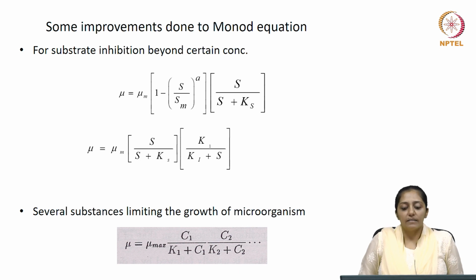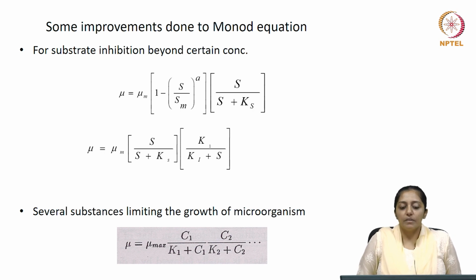Then in that case, there are modifications which have been made to Monod's model so as to bring the net specific growth rate of the culture as predicted by the model close to the actual value of the specific growth rate.